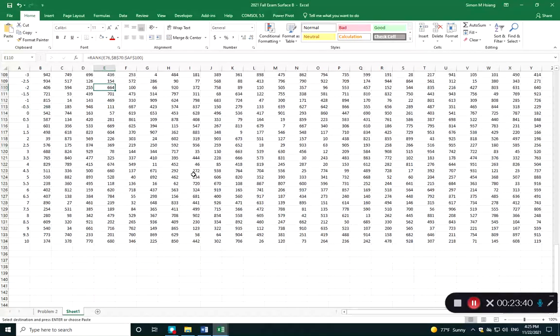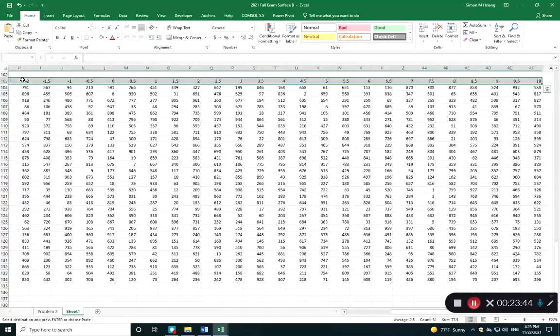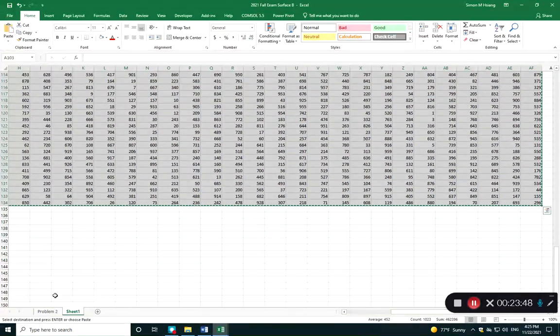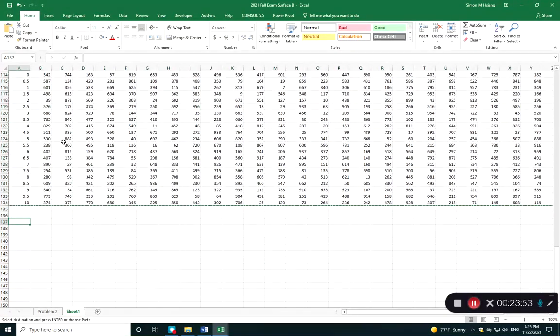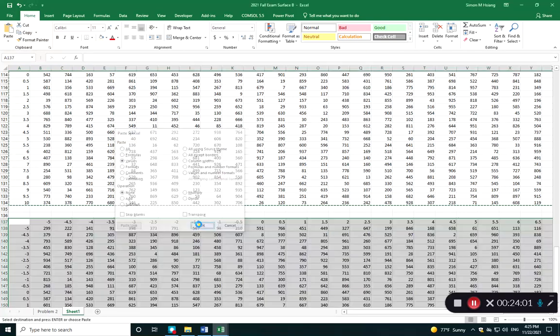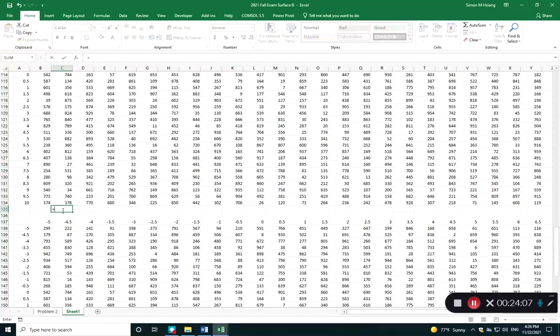But this time, once I have all the random cases built, all I care about is what's the total number here, the max.